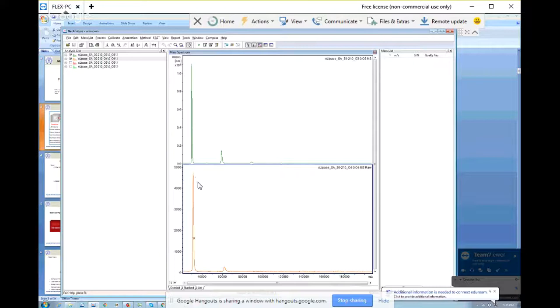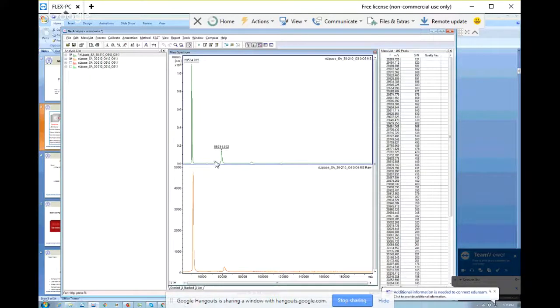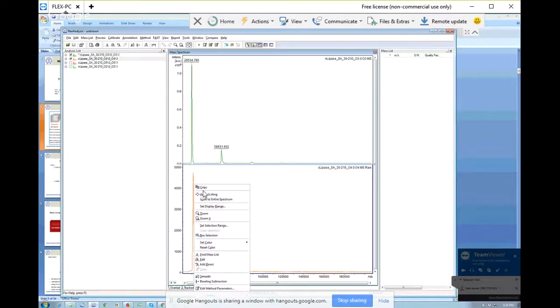So basically now there is one experiment where they want to see the shift in the mass of the protein. So here there are two peaks. So we can see, we can label the mass list also.